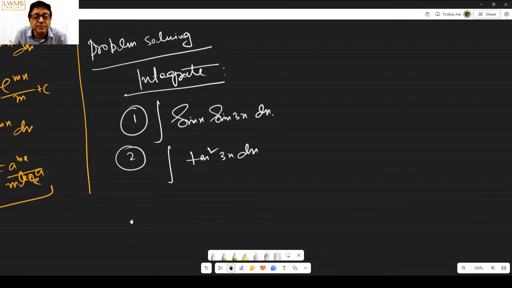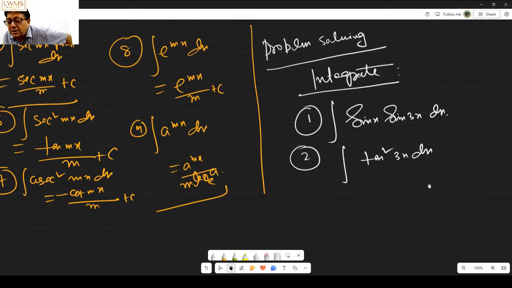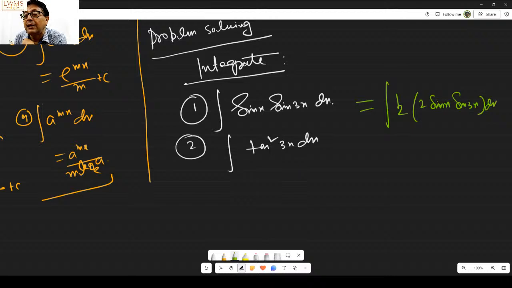So how do you integrate this one? Sin A sin B. We need to express it as a sum of two trigonometric functions, maybe sine, maybe cosine. How to do it? So we will split this as half into 2 sin x sin 3x dx.